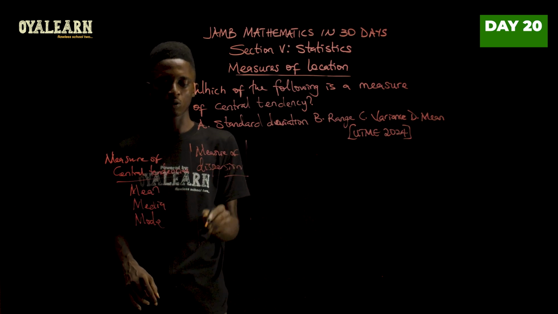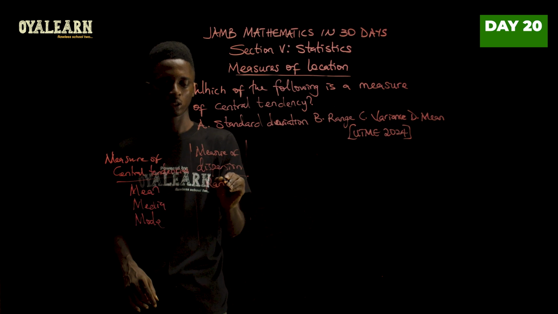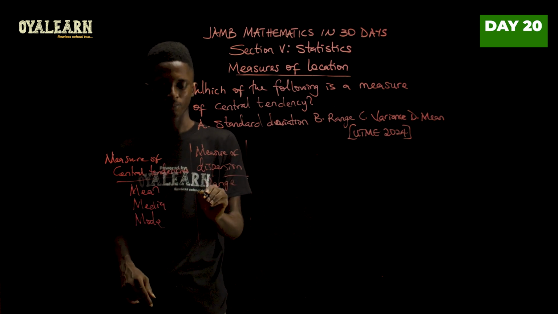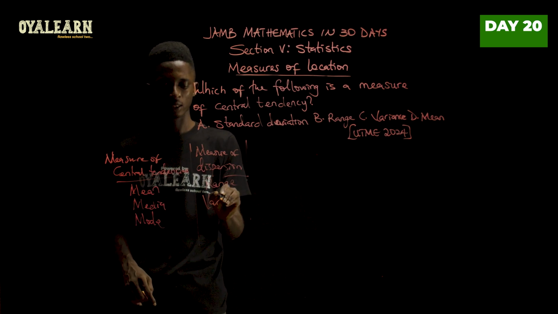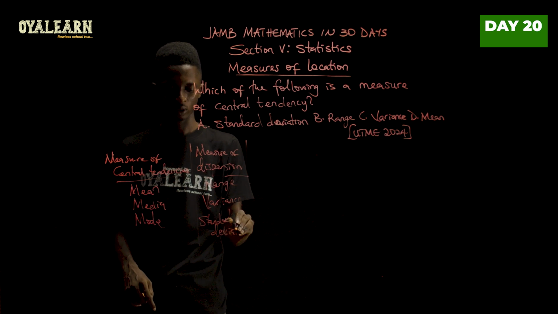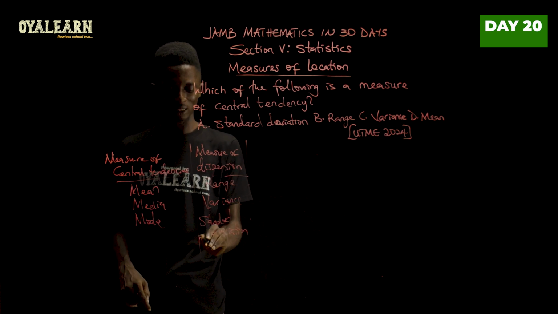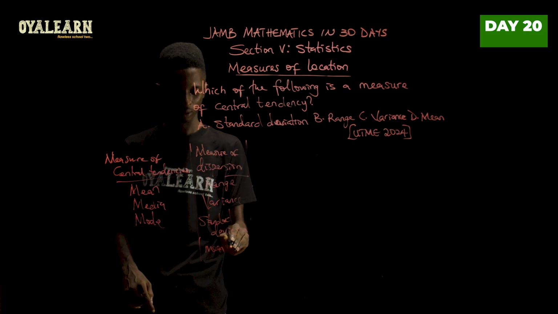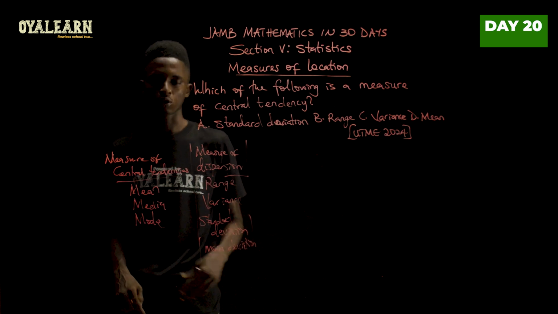Now, measures of dispersion are where we have range, variance, then standard deviation. We also have mean deviation here, and so on.